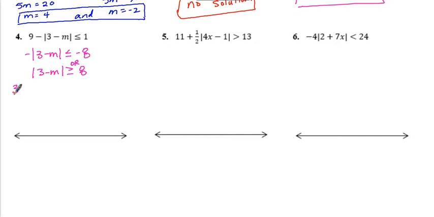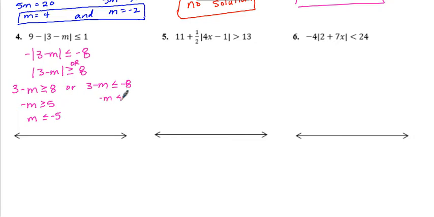So that decision is made for me. 3 minus m is greater than or equal to 8, or 3 minus m is less than or equal to its evil twin, negative 8. Subtract 3 from both sides. Divide by negative 1 and flip the direction.